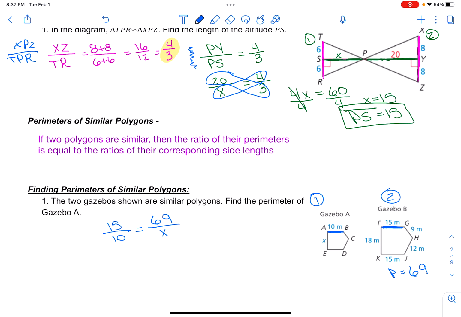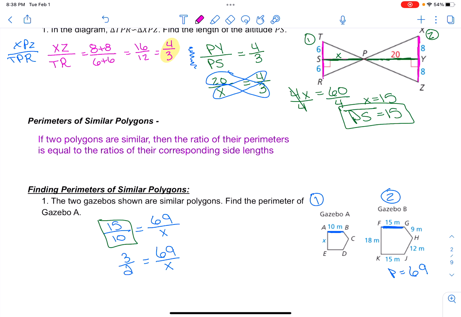So before I start actually doing the cross multiplying and all that, this 15 over 10 can absolutely be simplified. And so I'm going to do that just to make my life a little bit easier to have smaller numbers to deal with. So 15 over 10 simplifies to 3 over 2.